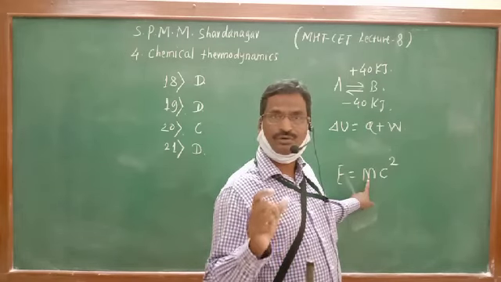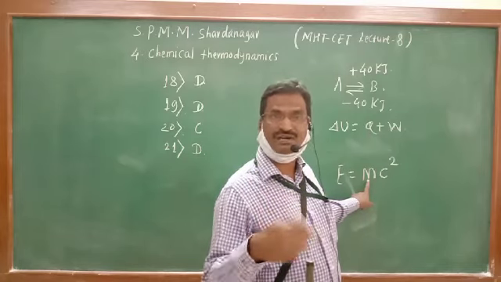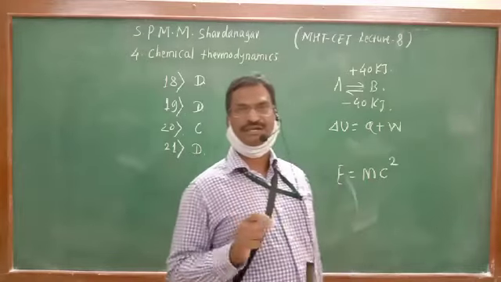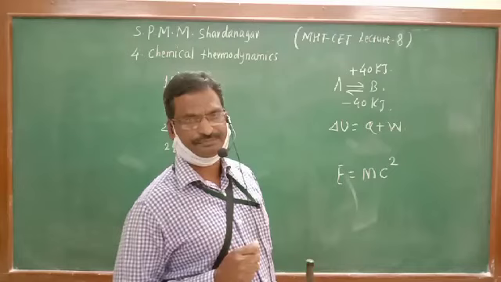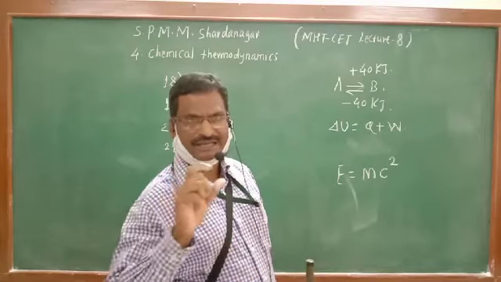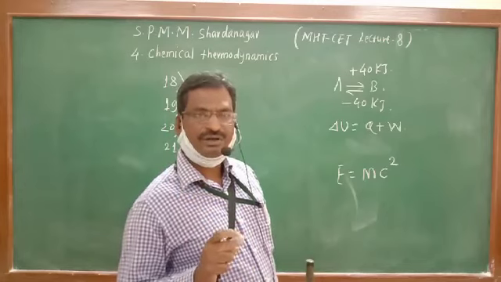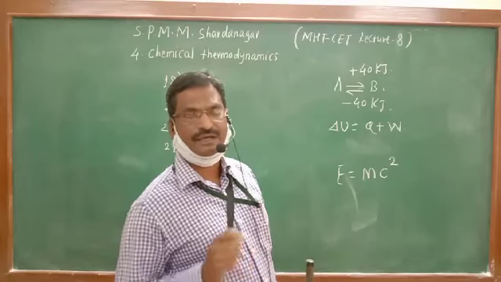Therefore, the conservation of only energy is not possible for a system, because certain loss is there. So it is considered that the summation of mass and energy remains constant, and therefore that is the modified statement of first law of thermodynamics.